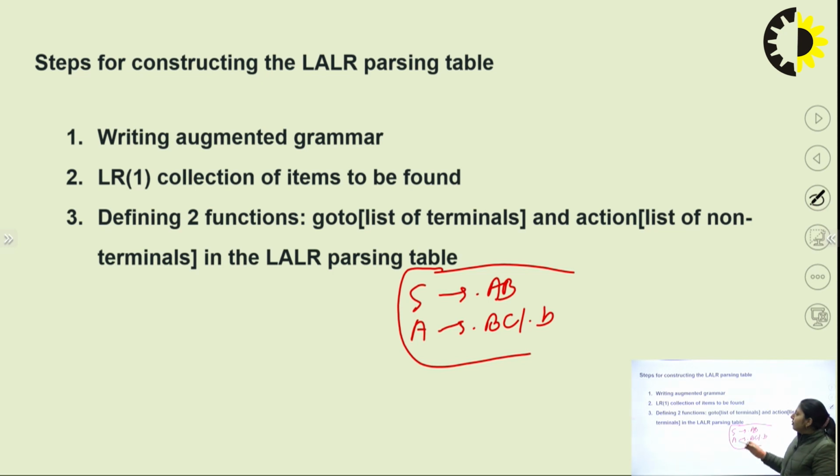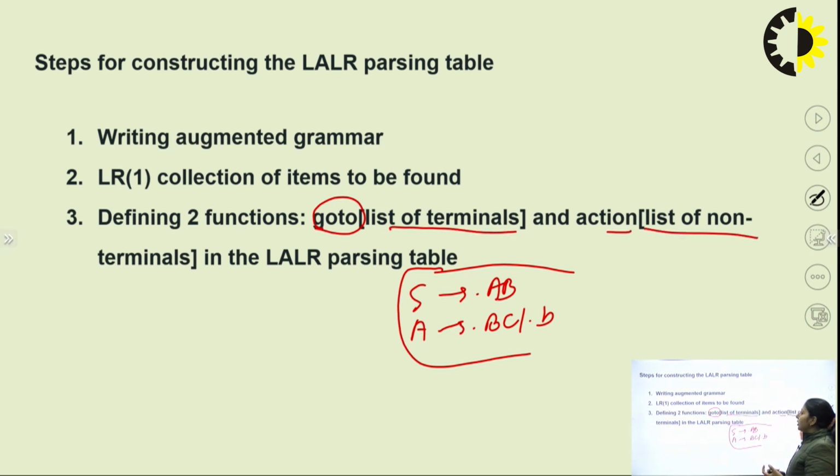Now, after finding all the LR1 collection of items, we have to define two functions, that is goto and action.